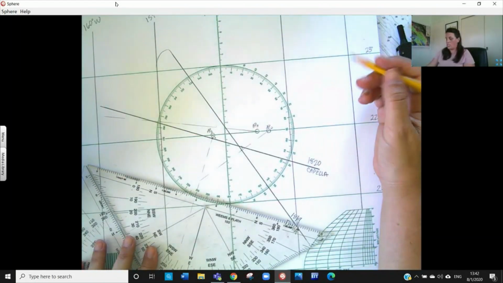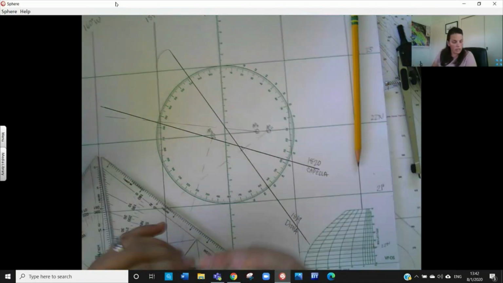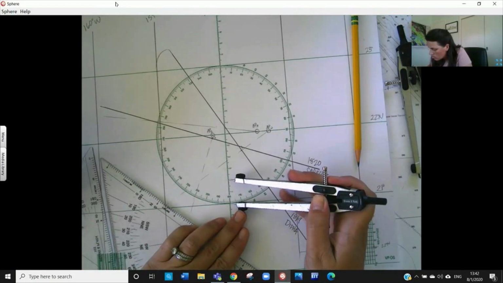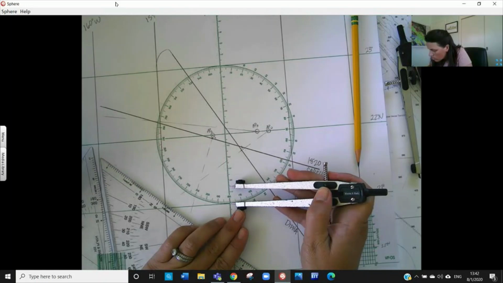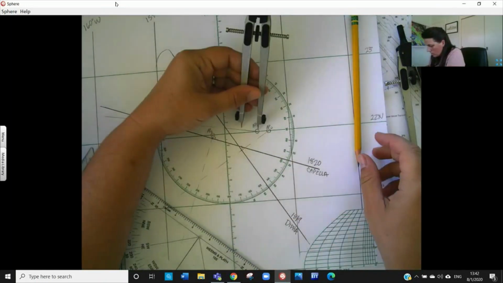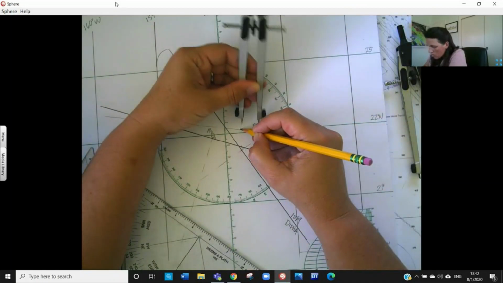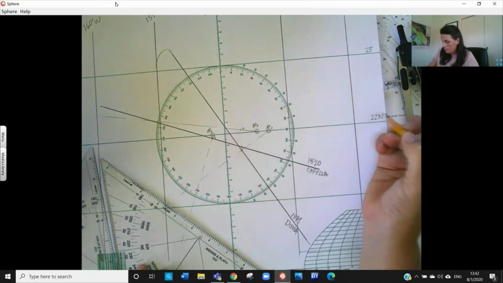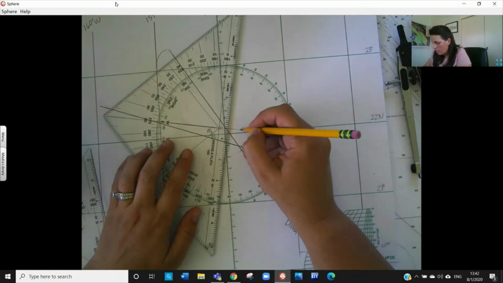There's my dashed line. My intercept is going to be 14.2. 15, a little bit over 14. There's my intercept. And I'm making a perpendicular line.